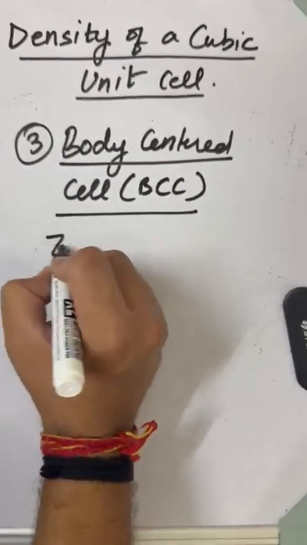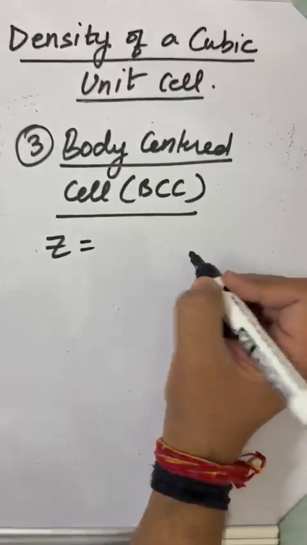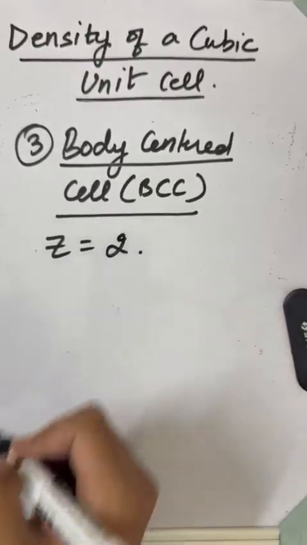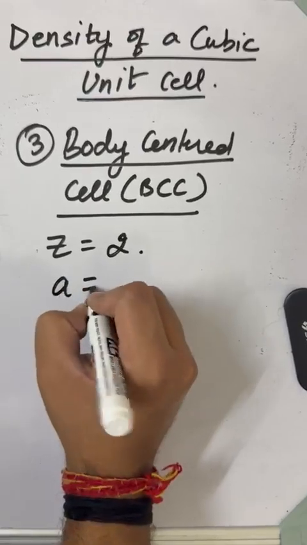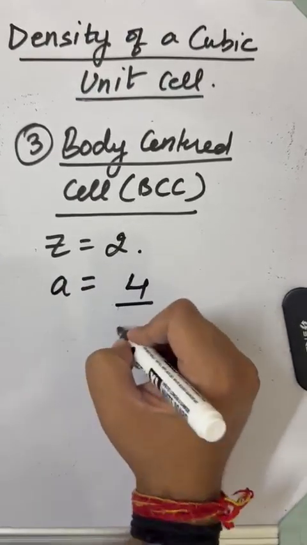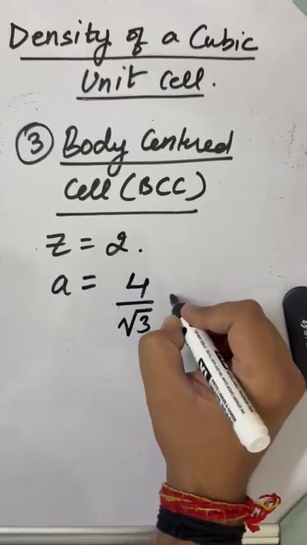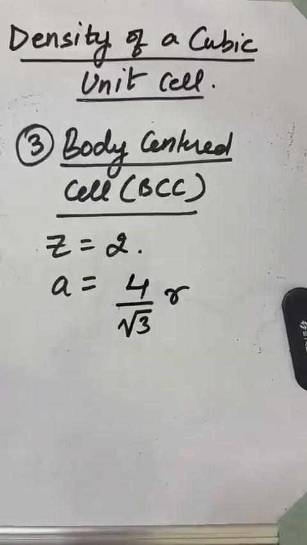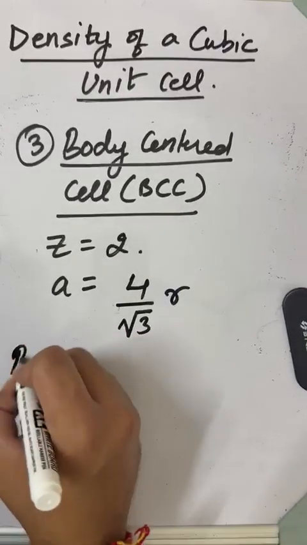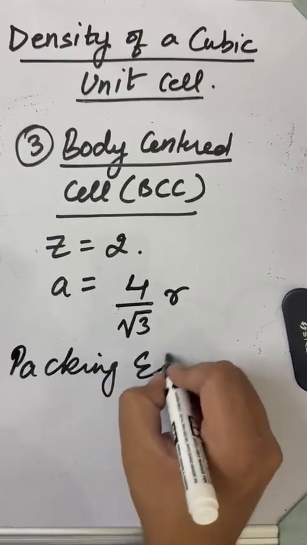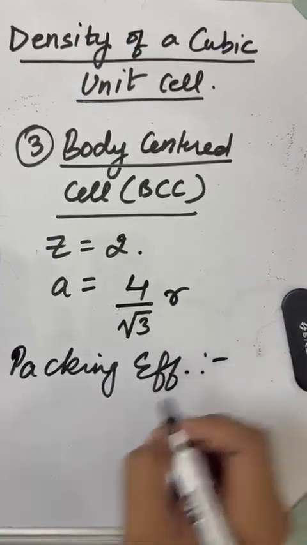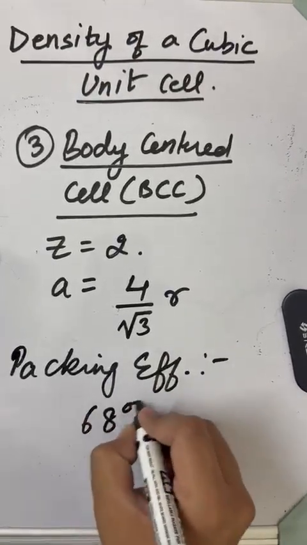Here Z, or the total number of atoms inside the cell, is 2. The edge length is given as 4 divided by root 3 multiplied by R. And the packing efficiency is 68%.